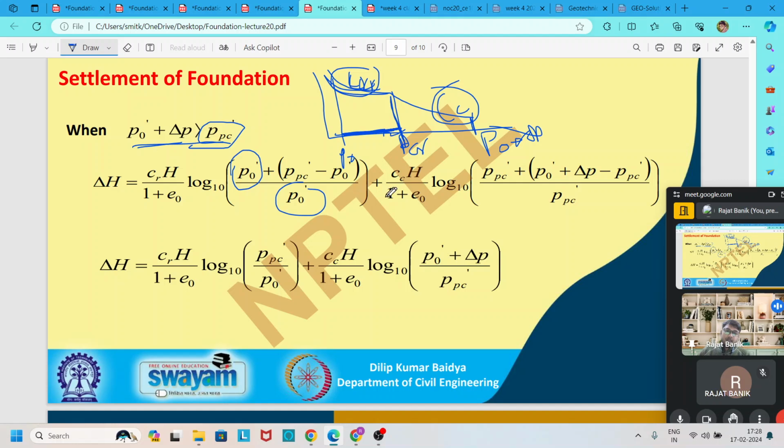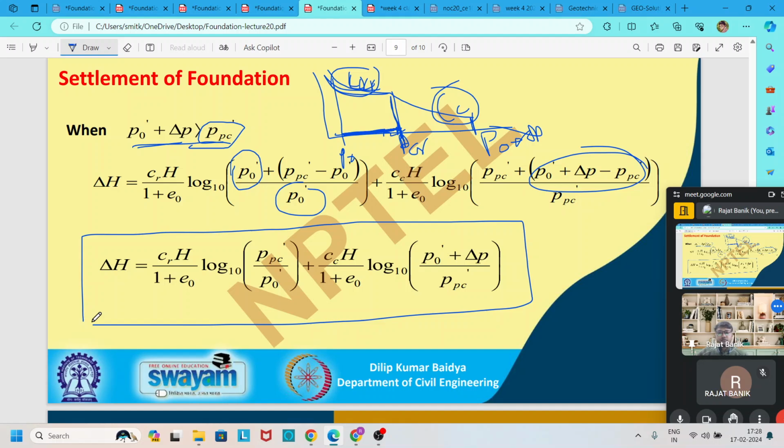So we apply. After that, the pressure base line is Pc, and P naught plus del P minus Pc is the extra pressure. So put all these values, and if you rearrange this formula, the formula becomes like this.